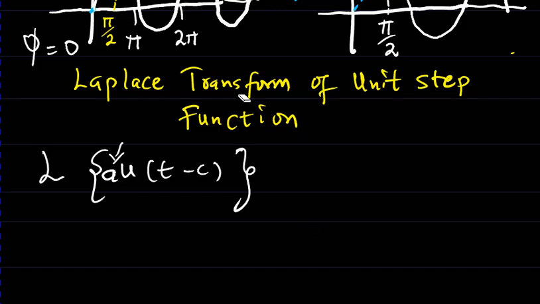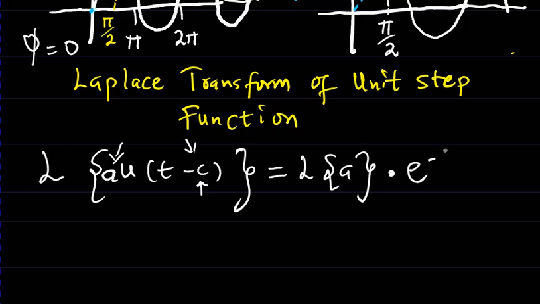So invariably we can actually write this way. So we can say this is actually the Laplace transform of the coefficient A, then multiply by the shift. And you know our shift theory, okay? So this shift is the exponent of minus the shift. The shift we have here is c, minus cs, okay?